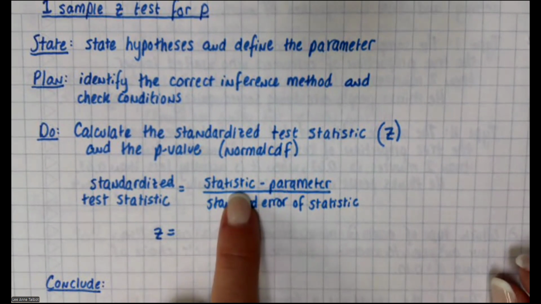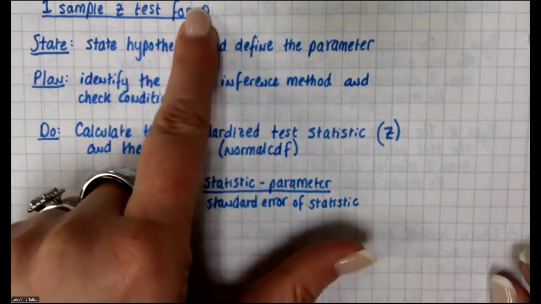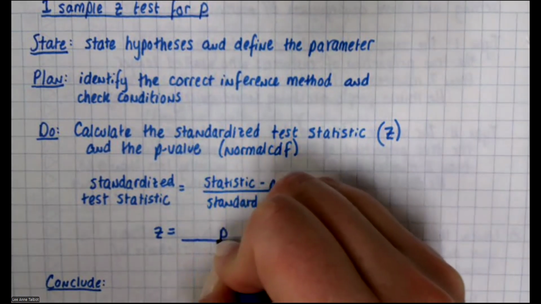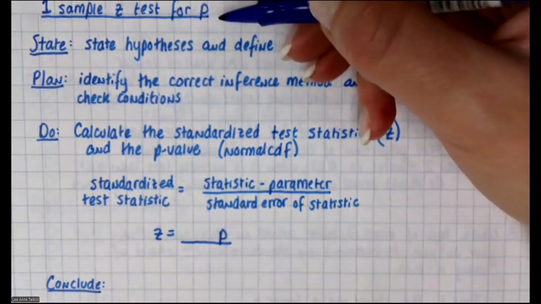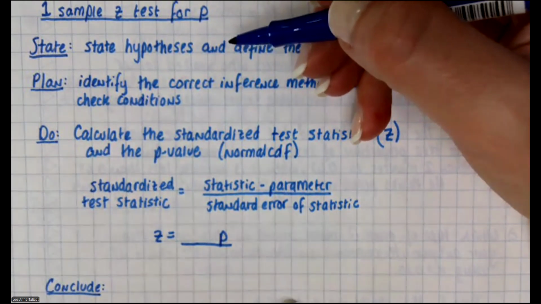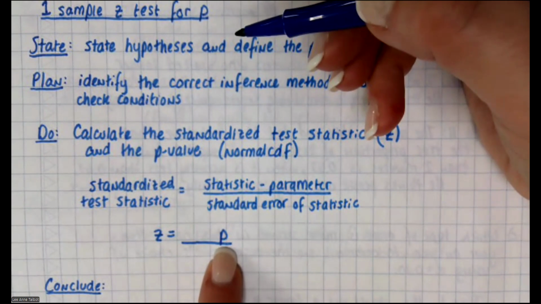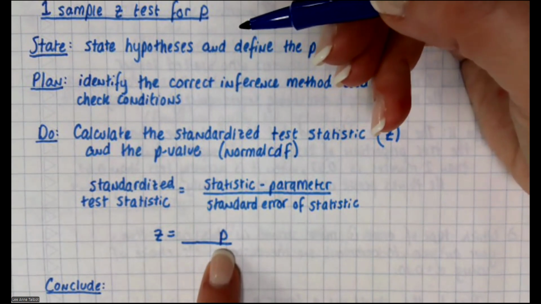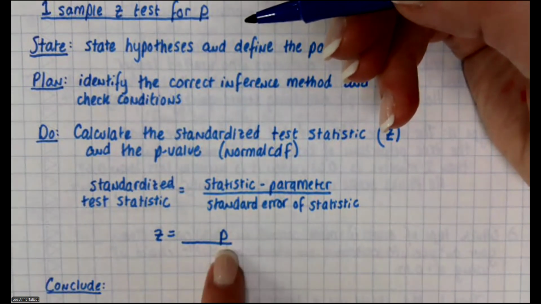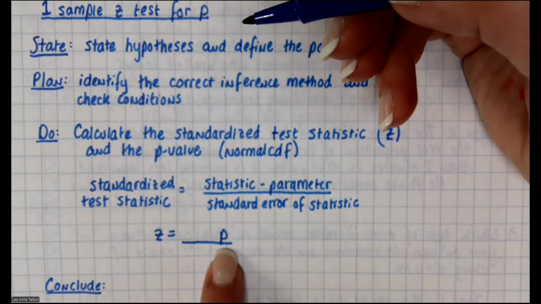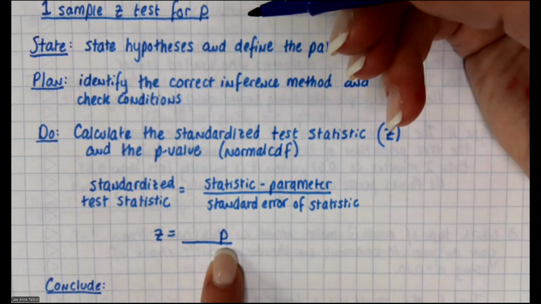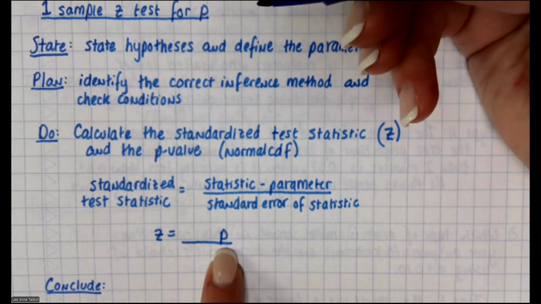Okay. Our parameter is P. So P is going to be at the end of the subtraction because it's a one sample Z test for P. What is the statistic that goes with P? I heard it. Somebody said it. If this is the parameter, what's the statistic?